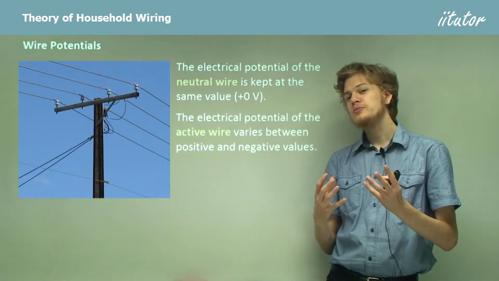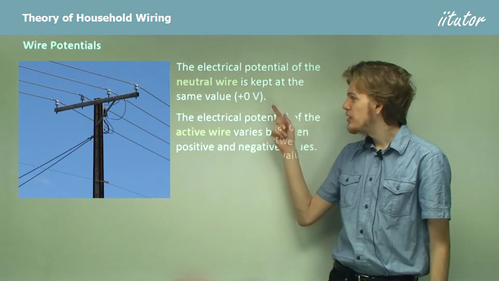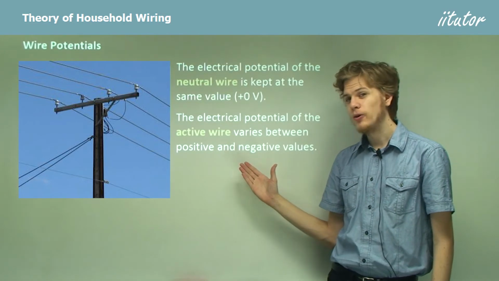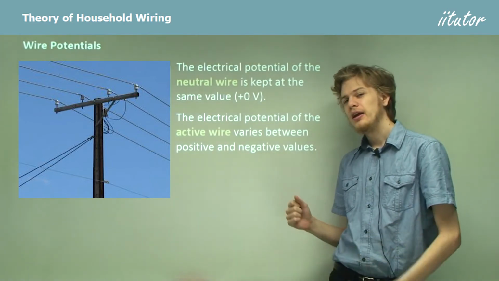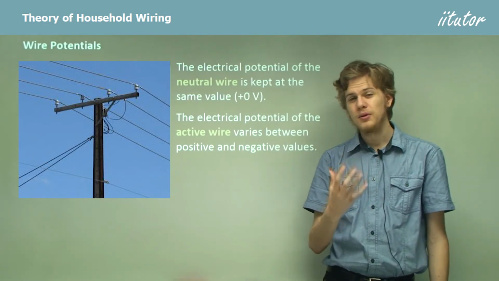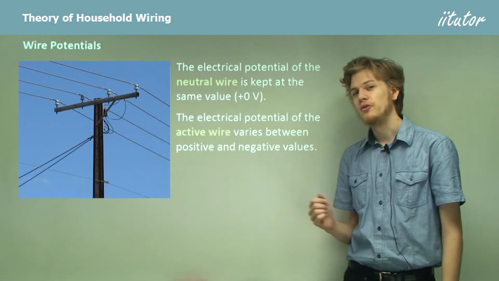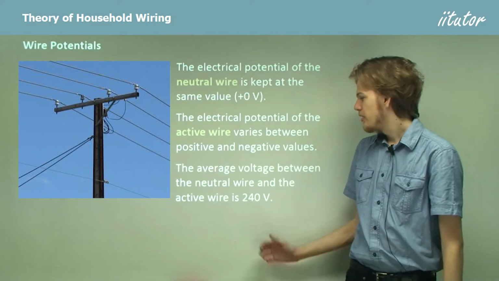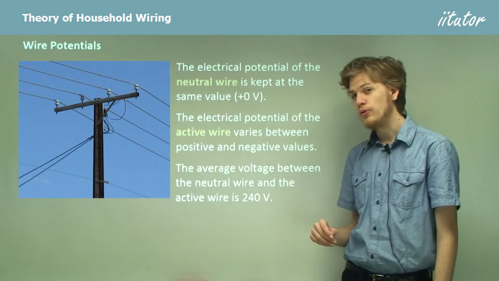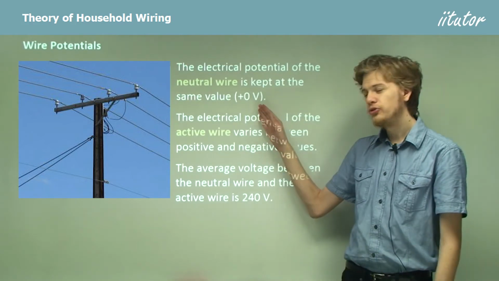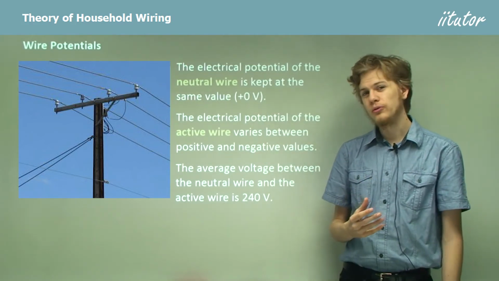We know that the average magnitude of the difference between 0 and the active wire is 240 volts. But if that's the average, it means that the actual maximum and minimum are greater than 240 volts. So the average voltage between the neutral wire and the active wire is 240 volts, whether that's plus 240 volts or minus 240 volts.